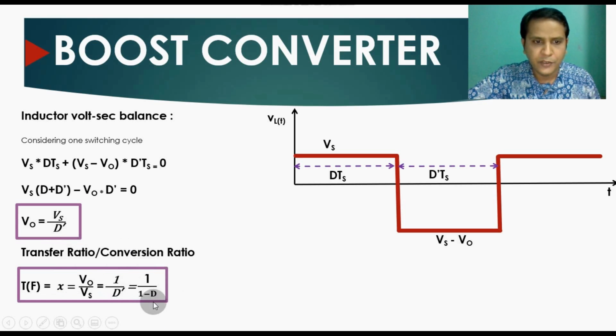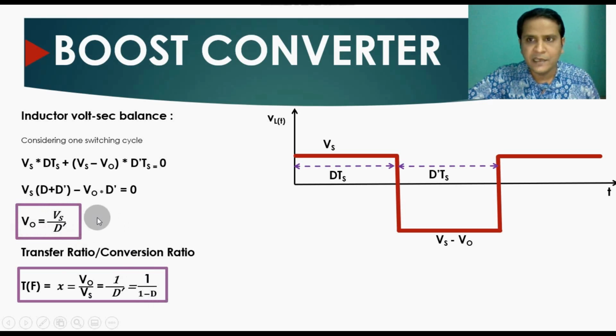You can alter your value of D and you can find what is the impact on your V out voltage. If you want to further solve it, VO equals Vs divided by 1 minus D. Now you can assume, let us say you have 50% duty cycle, so Vs divided by 1 minus 0.5.